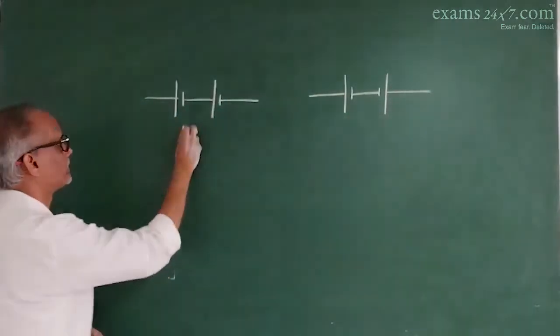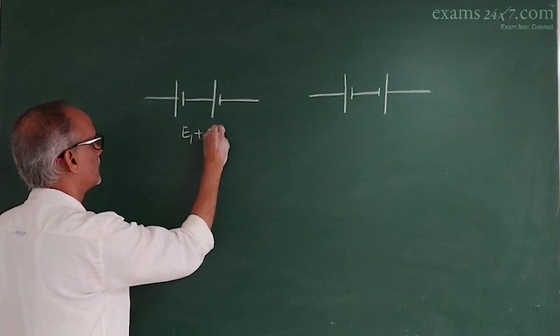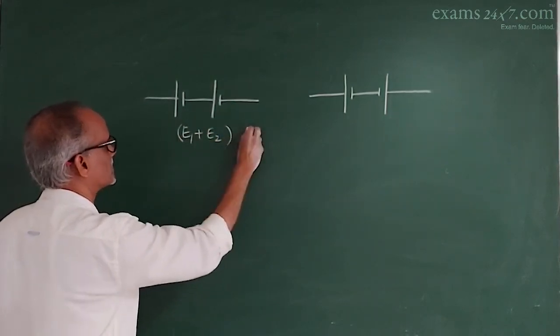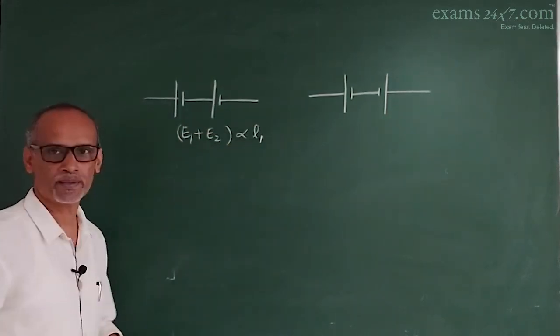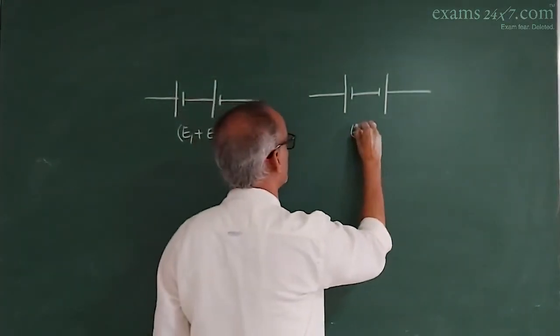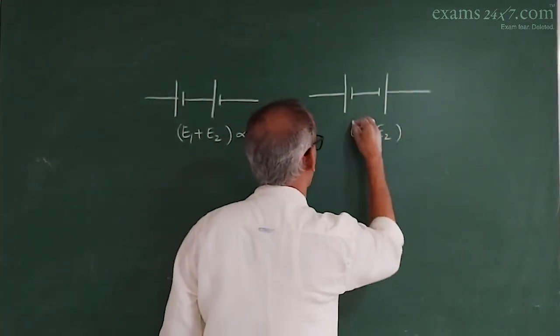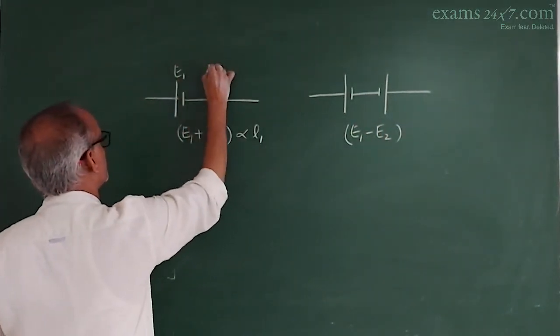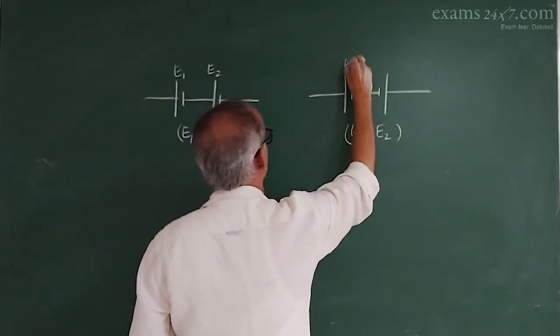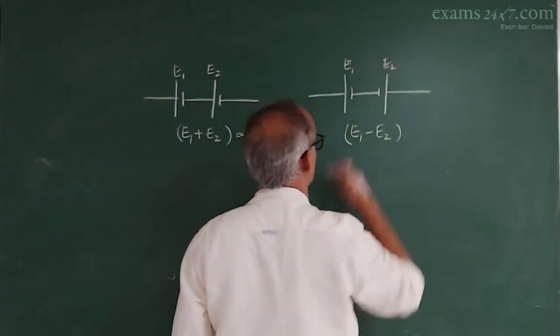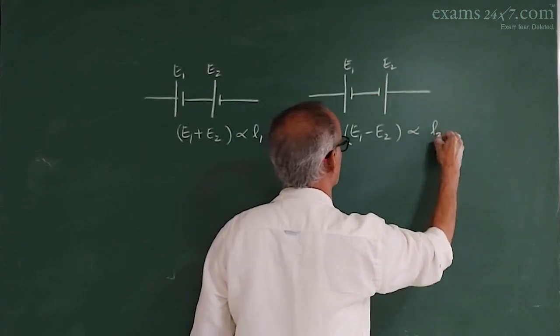So here E1 plus E2 is directly proportional to the length L1, and here E1 minus E2, where E1 and E2 are the EMF of the two cells, is directly proportional to L2.